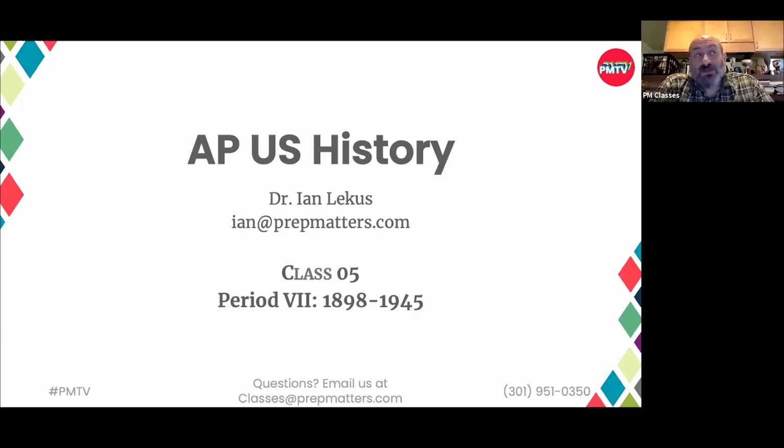The 1932 election is notable for the margin of Roosevelt's election. Obviously, we think about him in the New Deal, and I'll say more about that in a second. It's also a fundamentally realigning election in American history.